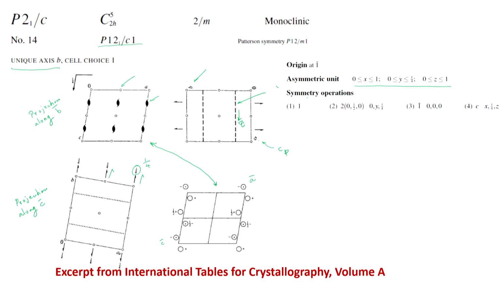So, I will leave it to you to figure out how the asymmetric unit, which you can do by shading where the asymmetric unit is. These are the symmetry operations. So, you have identity here, this is twofold and the location, this is inversion symmetry, and this is the C glide.